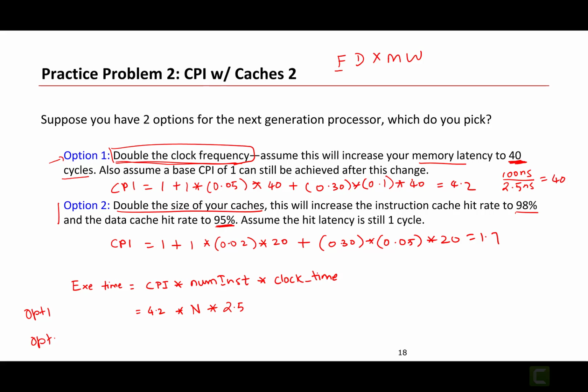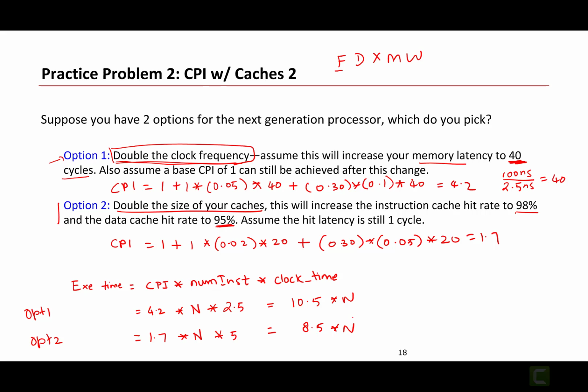For option 2, you'll have much better CPI. Instruction count doesn't change, but the clock cycle time is the baseline processor's, which is 5 nanoseconds. Now if you do the math, this comes to 10.5 times n. This comes down to 8.5 times n.